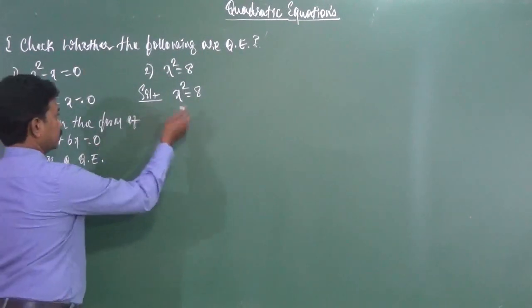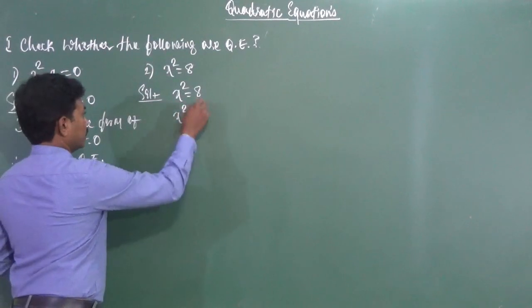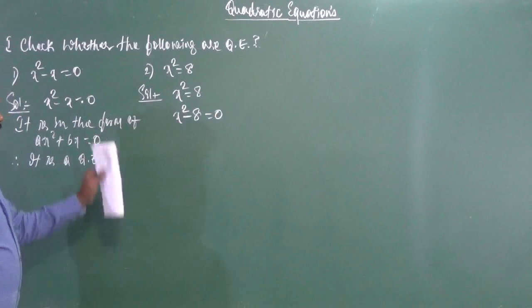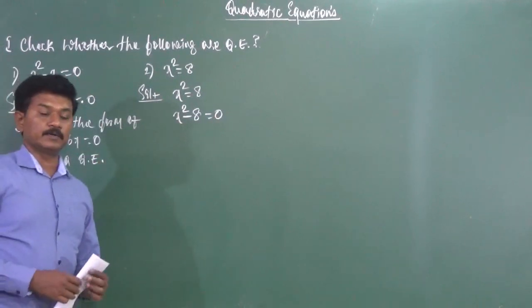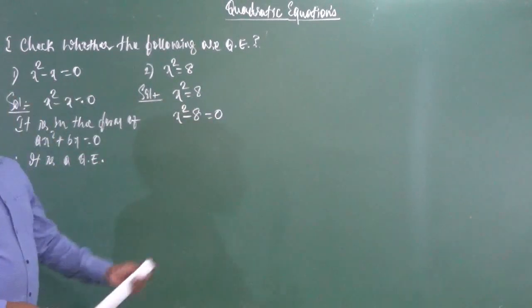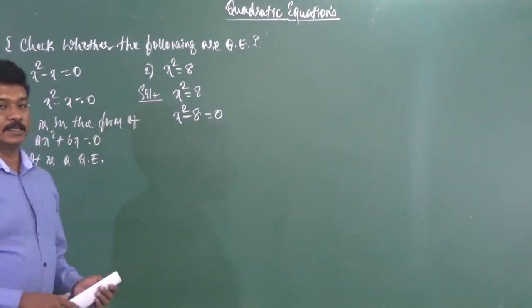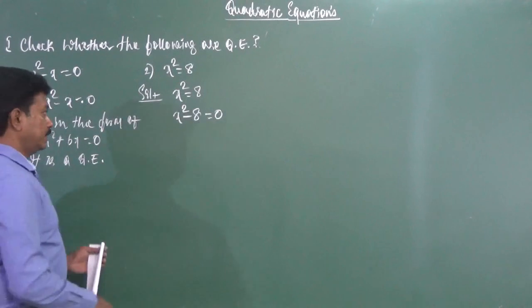Let us convert this into the standard form. X square minus 8 is equal to 0. Now it is in the standard form. Can you guess what type of quadratic equation this is? Is this affected? No. Is this pure? Yes. It is a pure quadratic equation.